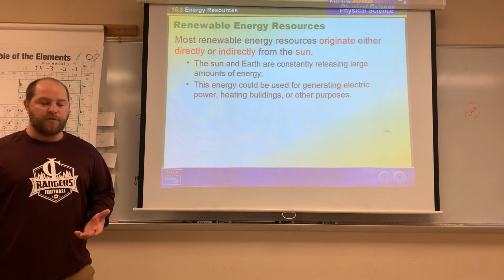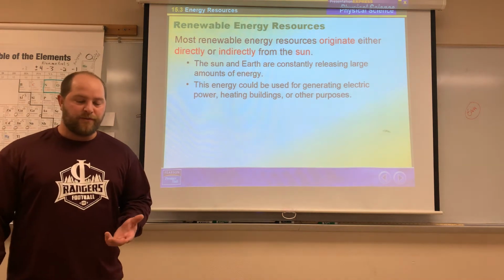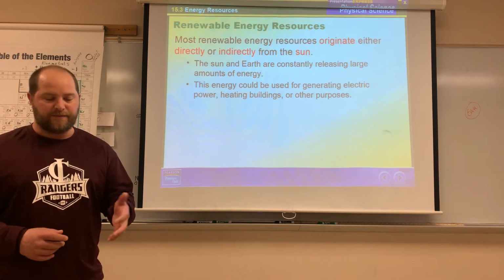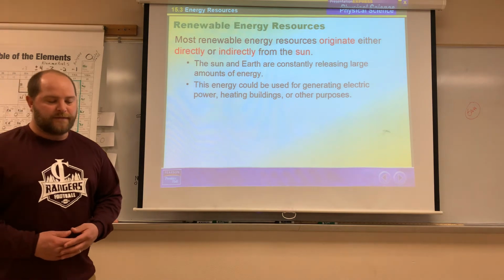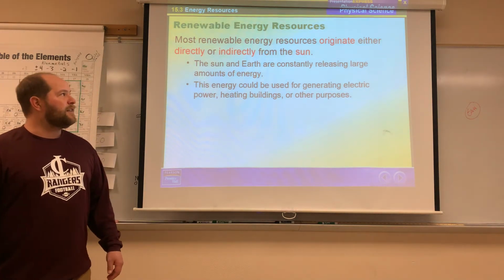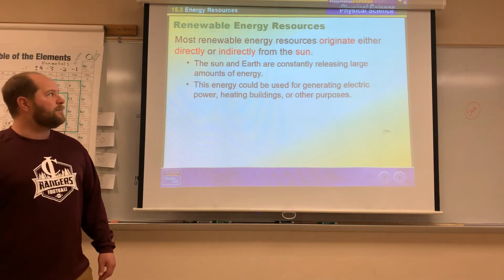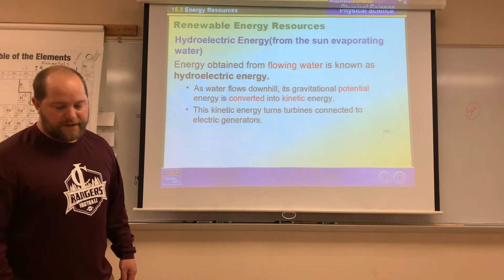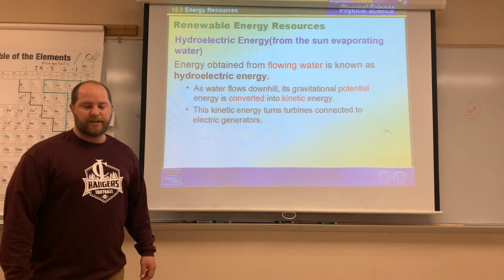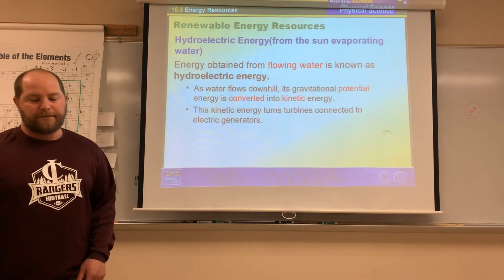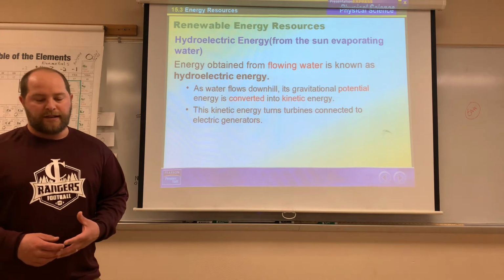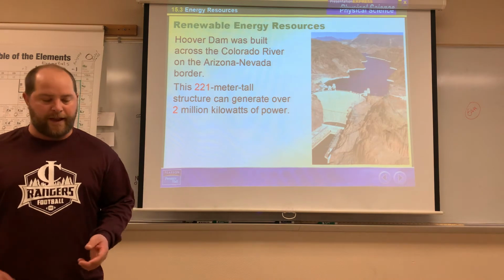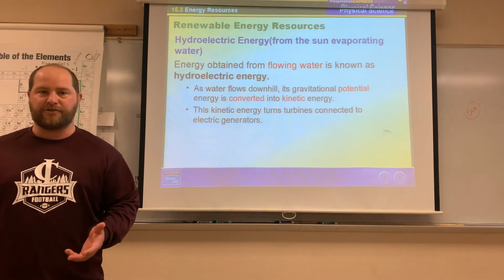Most renewable energy resources originate from the sun, either directly or indirectly, and I'll explain that as we talk about these different resources. The sun and the earth are constantly releasing large amounts of energy. So hydroelectric energy would be flowing water, like the Hoover Dam or any sort of dam structure.